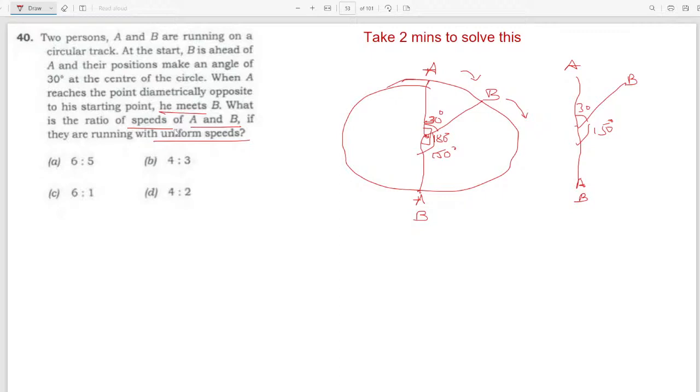So they are asking the ratio of speed A and speed B. What is speed? Speed is equal to distance divided by time, which implies that distance is equal to speed into time.